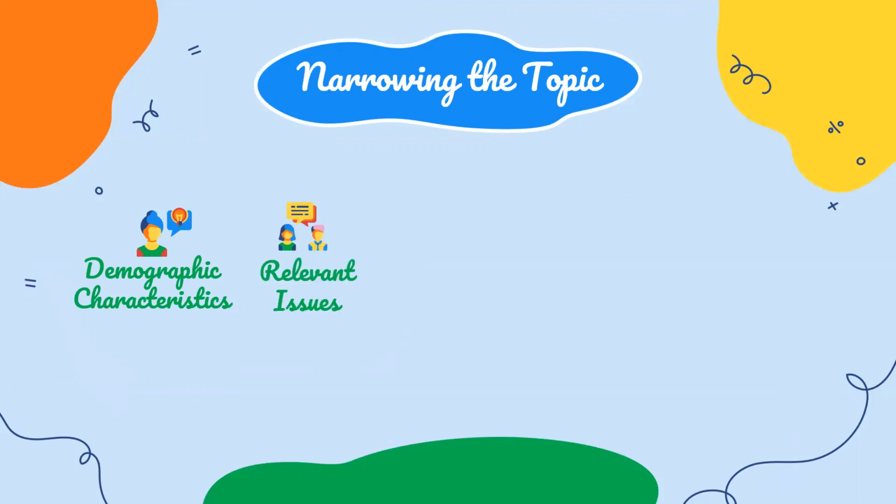The second is identifying the relevant issues, that is, to what extent it will be useful for the group that I have selected, useful to the readers. And third, the causes that have led to this particular problem that is existing in the society. And the fourth is the time frame.